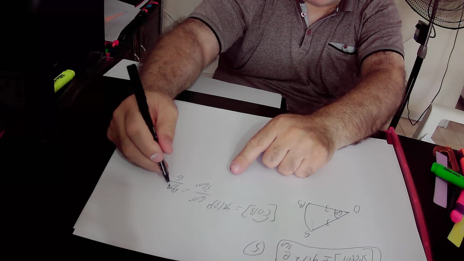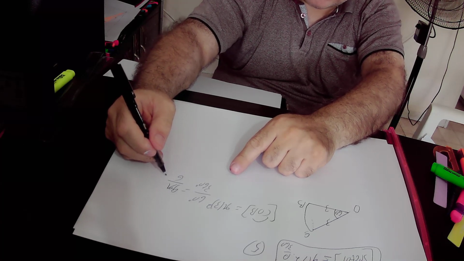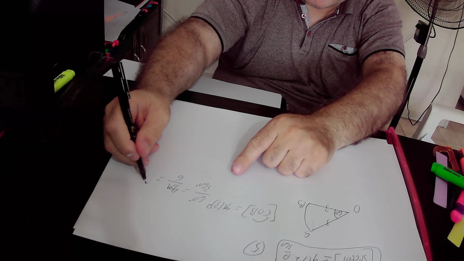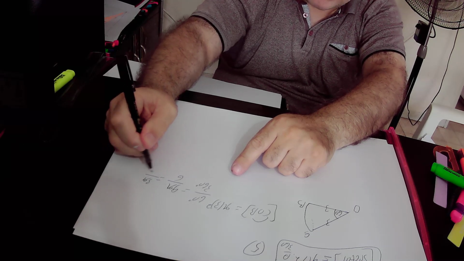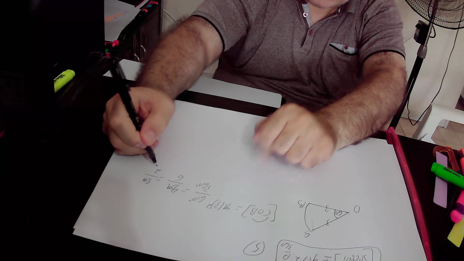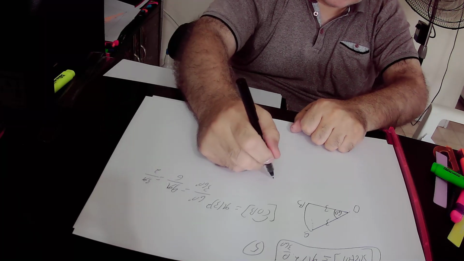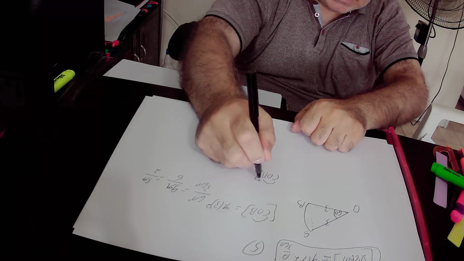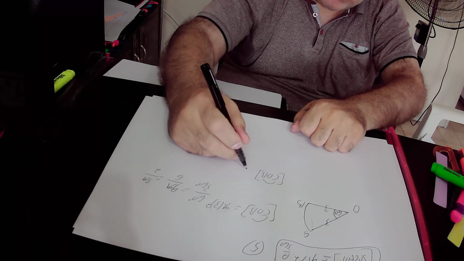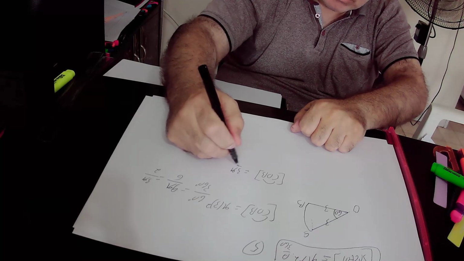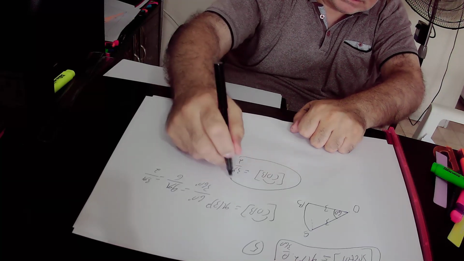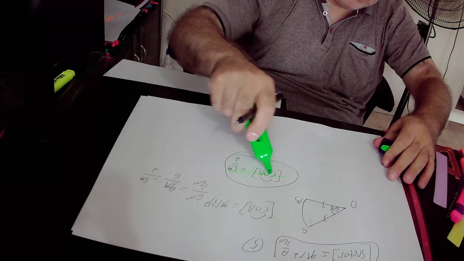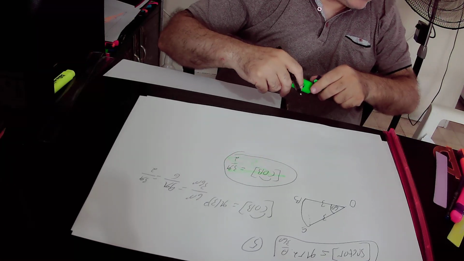We divide both the numerator and the denominator by 3. 9 over 3 is 3, so in the numerator we are left with 3 pi over 6 over 3, which is 2. So in conclusion, we found out that the area of sector COB is equal to 3 pi over 2 square units. Okay, now we can find out the area of the green shape according to the formula that I presented to you.